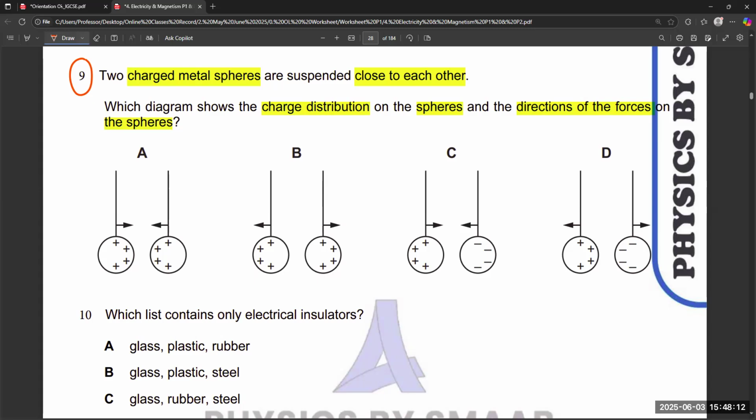Which diagram shows the charge distribution on the spheres and the direction of the forces? Basically, in option C, we have one positive, one negative. So because of the opposite charge, they must attract each other, right?